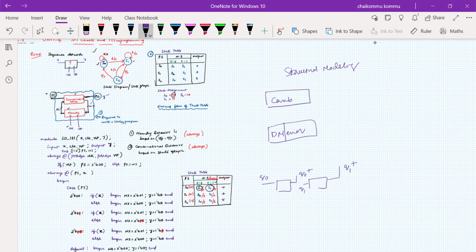This is given by the data flow model equations we can write. We can generate the equations based on X, Q0, and Q1, and it will produce Y as well as Q0 plus and Q1 plus. So by using this particular architecture, we can do the structural modeling.